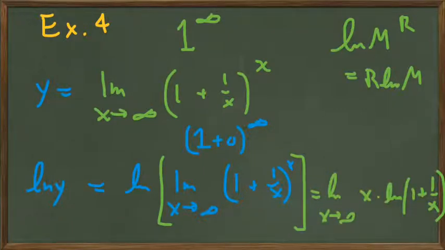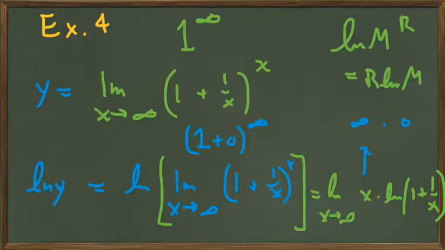So we brought that power x down in front, and that gives us x times ln of 1 plus 1 over x. Now take the limit as x goes to infinity of that. Well, as x goes to infinity, this factor right here is infinity. This factor right here becomes ln of 1 plus 0, so ln of 1, which is 0.